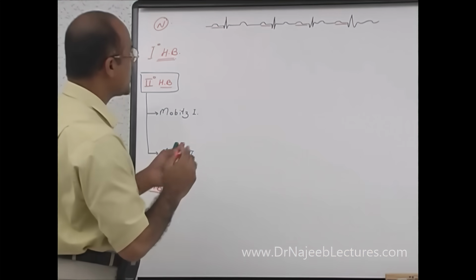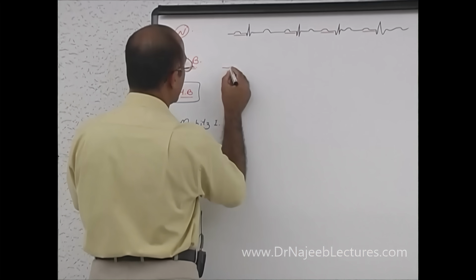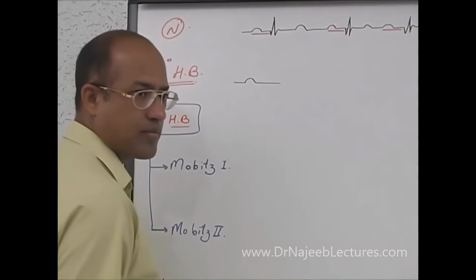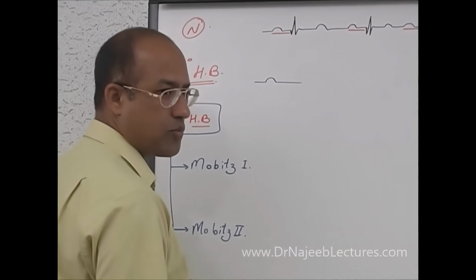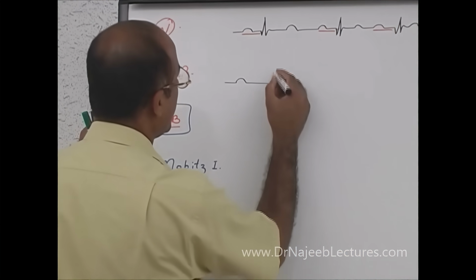In first degree heart block, there is pathological prolongation of the PR interval, that is, a PR interval of more than 0.22 second.